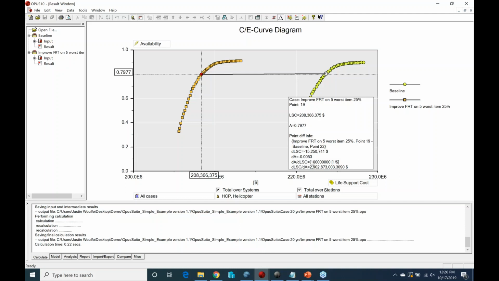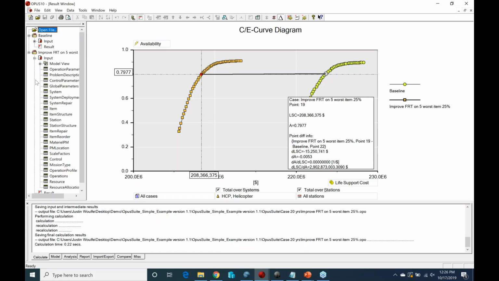But just over the remaining decade of our system's operations, if we're able to achieve this reliability improvement, we could see some fairly significant improvements in cost.